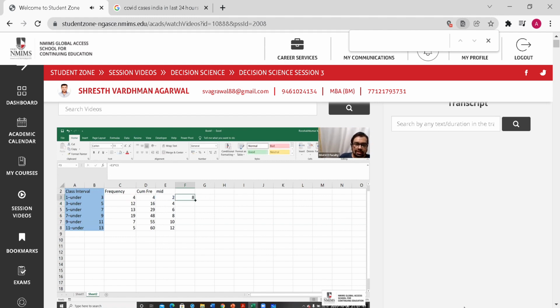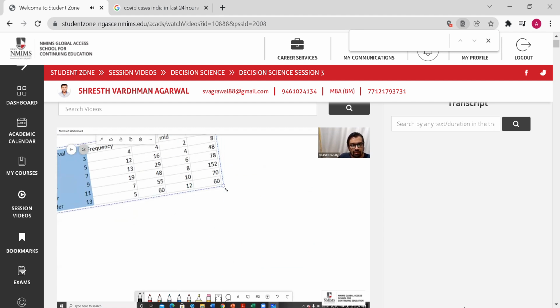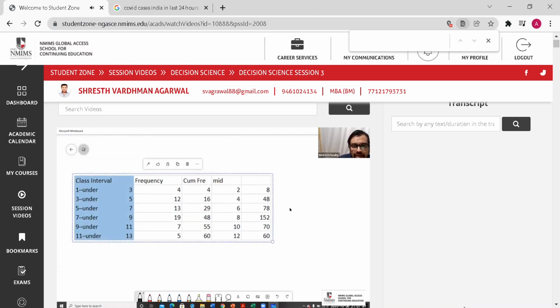This is a multiplication of midpoints and the frequency. So this is the midpoint, which can be identified as MD, and this is the notation for frequency, MD multiplied by F.